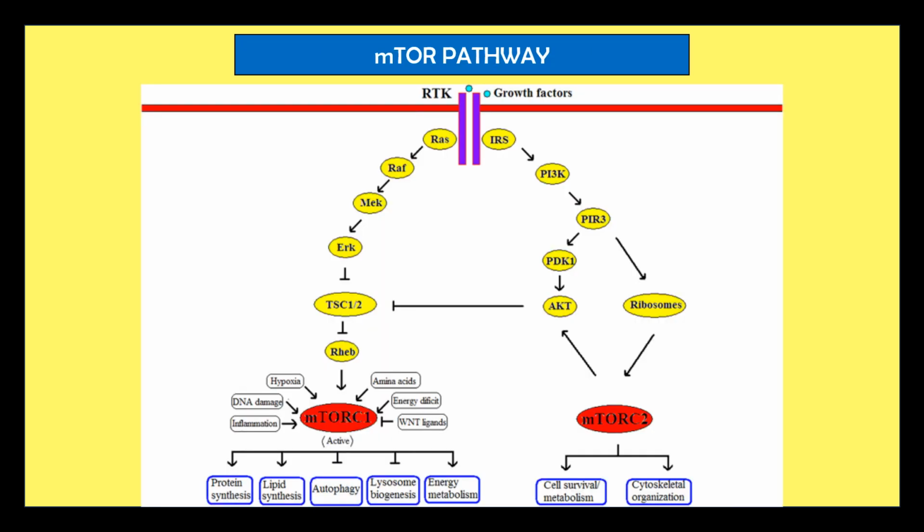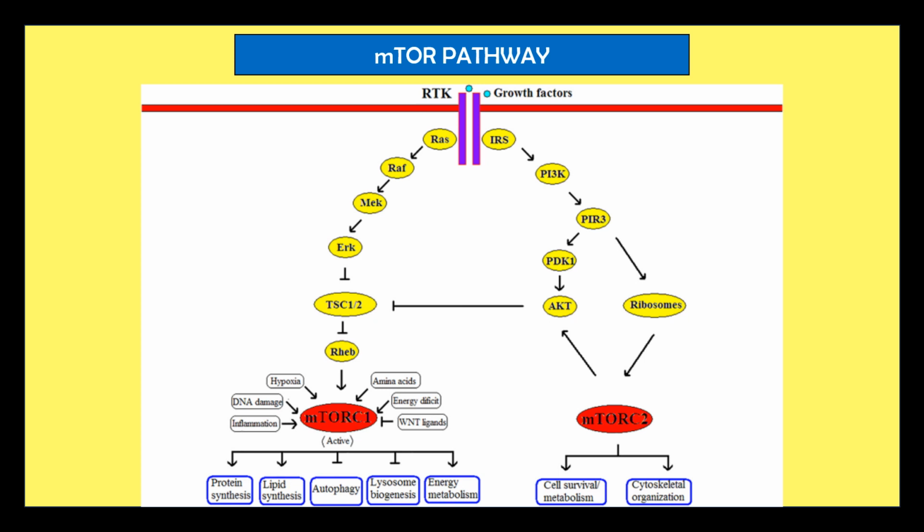And the next example of a receptor tyrosine kinase pathway is the mTOR pathway. The mTOR pathway is mainly involved in the cell's growth, and if cells simply divide without growing, they would get progressively smaller.